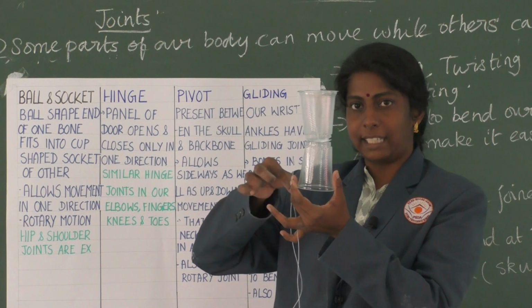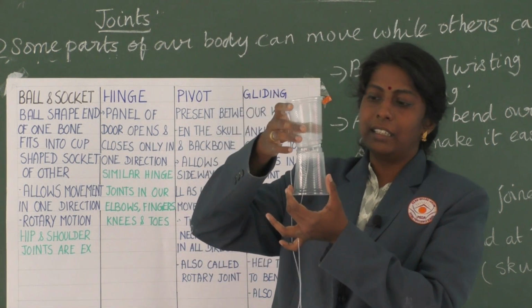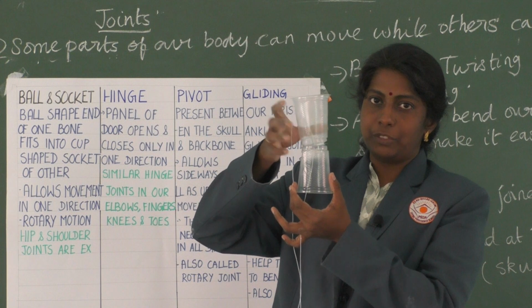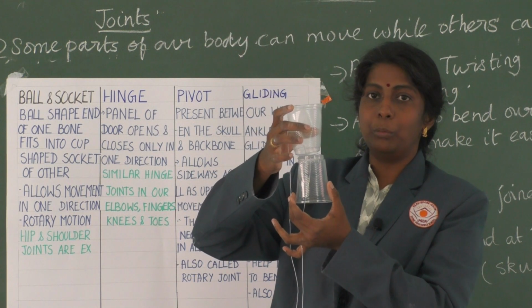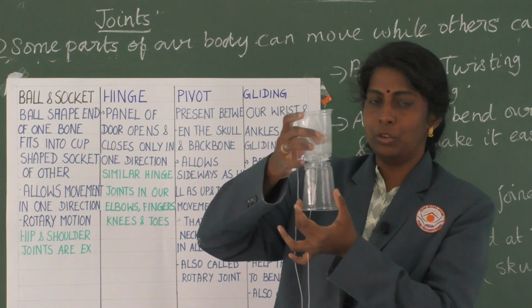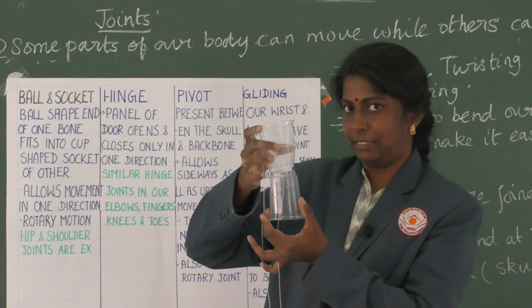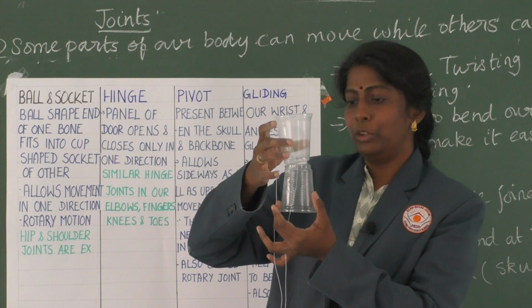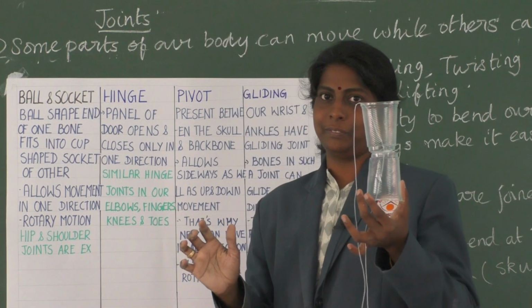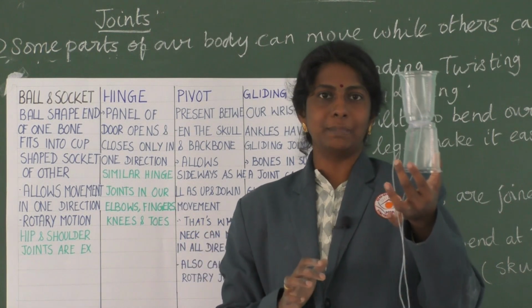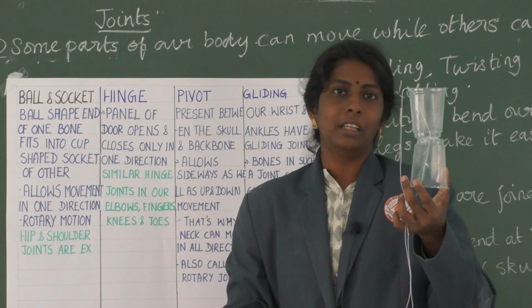The similar bones which are present one above the other are able to glide. To some extent they can move smoothly. They can glide one above the other, so that you are able to bend and twist to some extent. Clear?